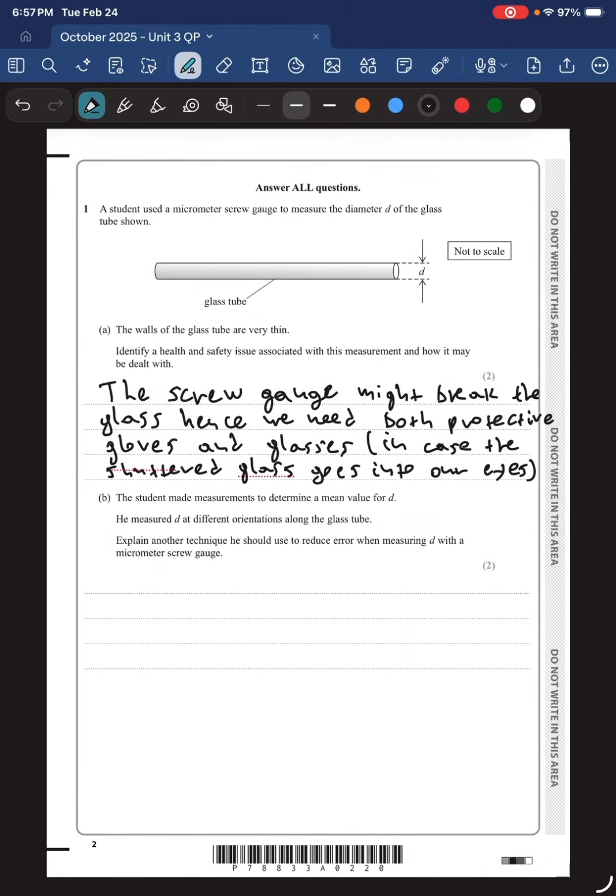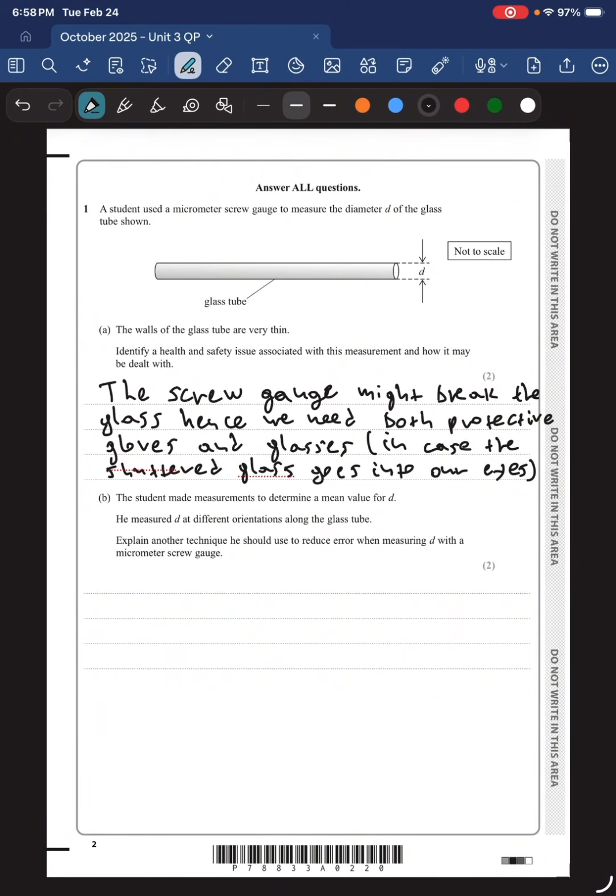Okay. B. The student made measurements to determine a mean value for D. He measured D at different orientations along the glass tube. Explain another technique he should use to reduce error when measuring D with a micrometer screw gauge.